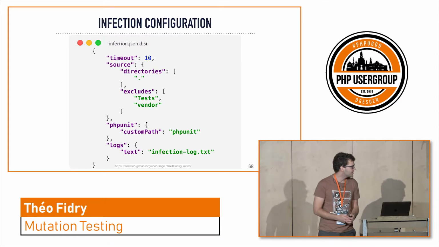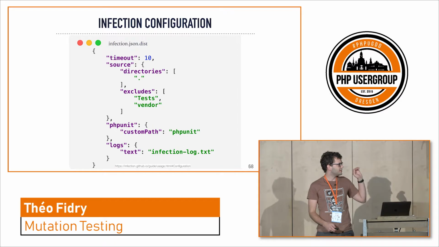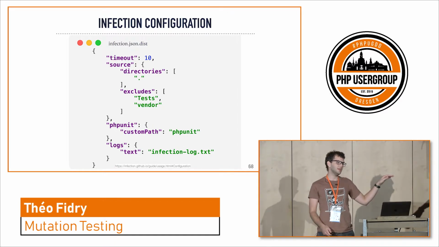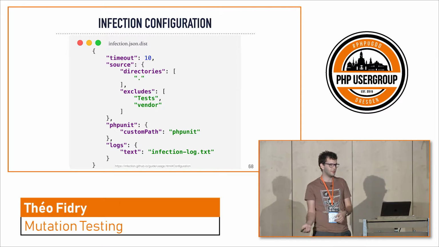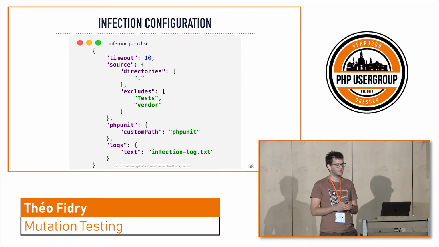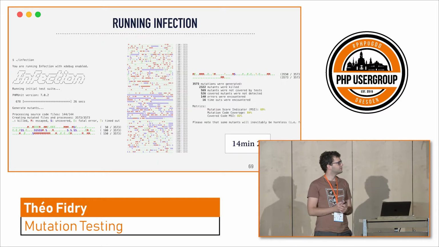You can exclude some of it, like we're excluding the tests and the vendor, because that's not what we want to test. PHPUnit is the entry I had to add manually after the init command, because PHPUnit is not installed as a composer package here, so Infection is not able to pick it up. You need to help it, but that's exceptional. And a log file. So that's a very basic configuration, but that's what you need most of the time, not much more. And then you execute Infection.